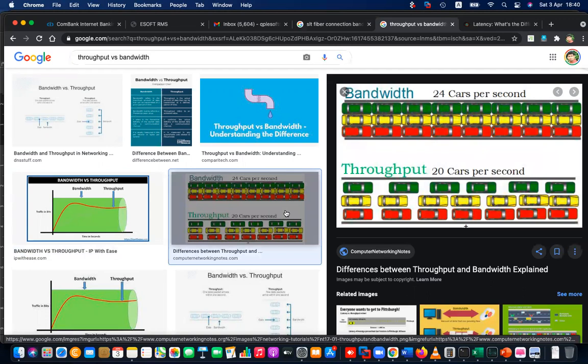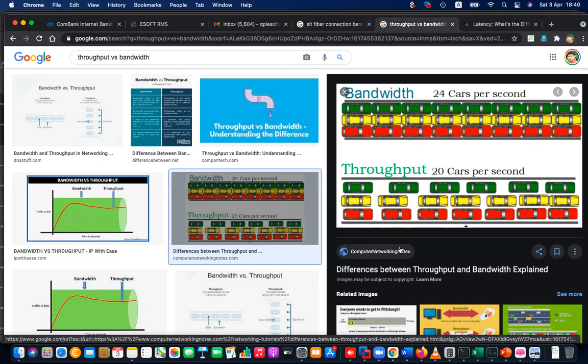The bandwidth of this road is 24 cars per second. You can see per second, 24 cars can go. But is it a practical situation? Practically, can you send 24 cars every second? No, it's not. There are gaps between these cars.